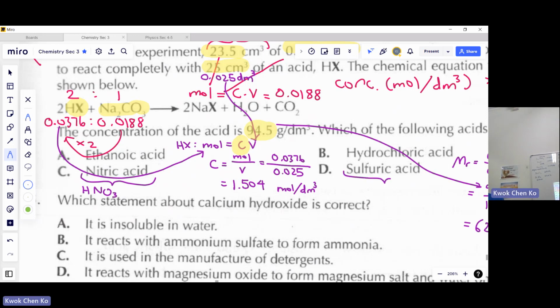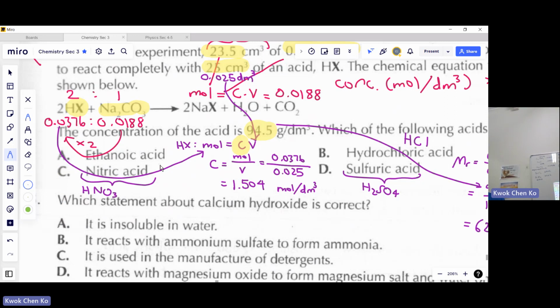Sulfuric acid. Let me make sure you know this one. That is 100% coming up. This one, 100% coming up as well. Hydrochloric acid. Last one, ethanoic acid.